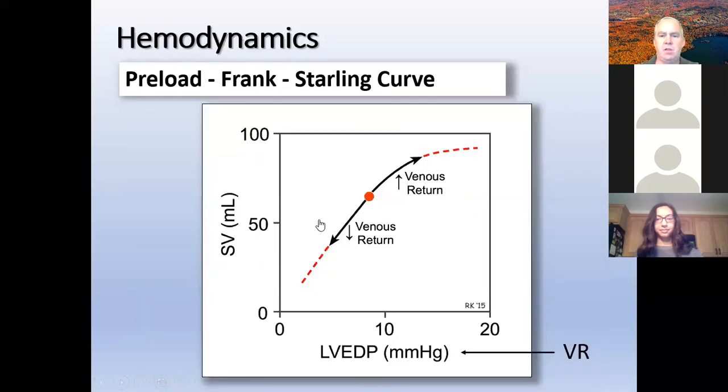As you decrease venous return, you're getting less stretch on the ventricle. You're just not filling as much, so it hasn't stretched as much. So its ability to contract is less, and so the stroke volume decreases. As you increase venous return, you stretch that muscle out more. It has a stronger contraction ability, and it forces more blood out. So that's your venous return.